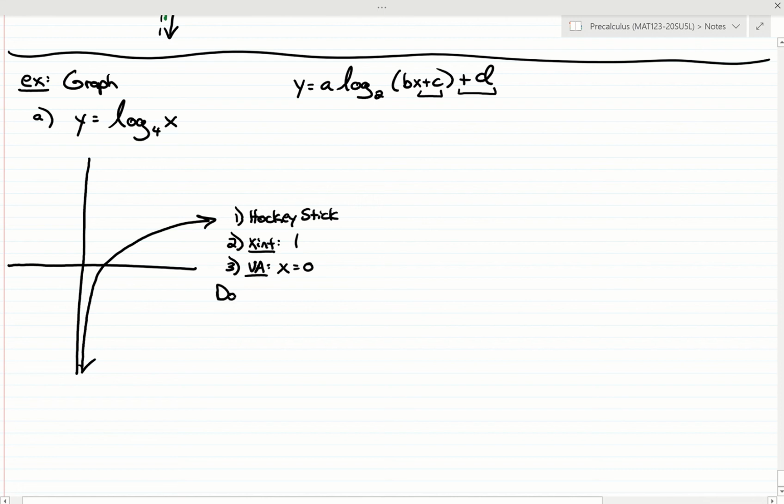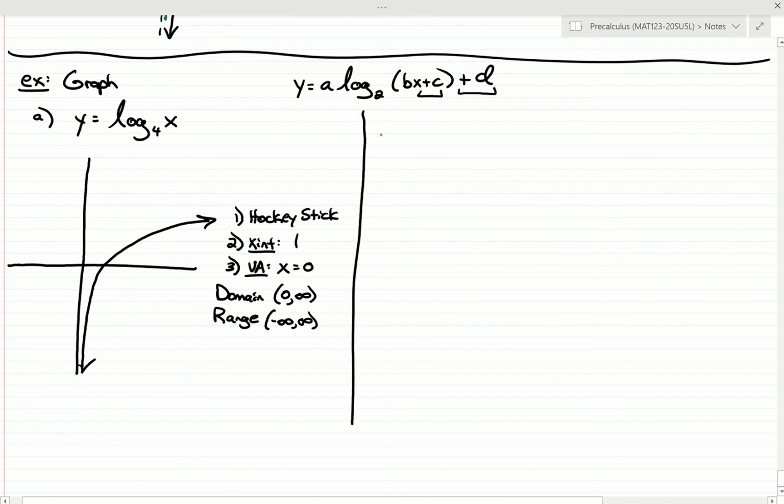Now the domain for this graph, you can plug in any x value you want as long as it's greater than 0. So we're going to start at 0 and go up to infinity. And our range, the lowest it goes is negative infinity, and it's going to keep going up forever. So that would be how we graph log base 4 of x.